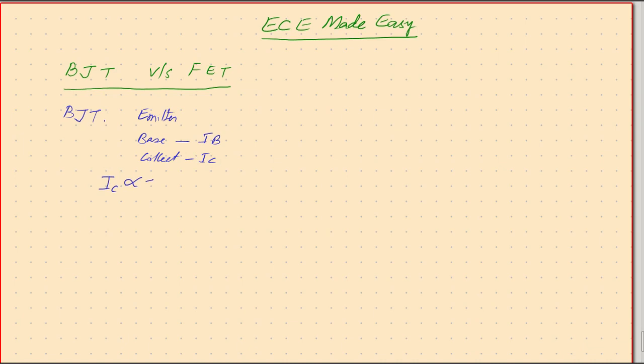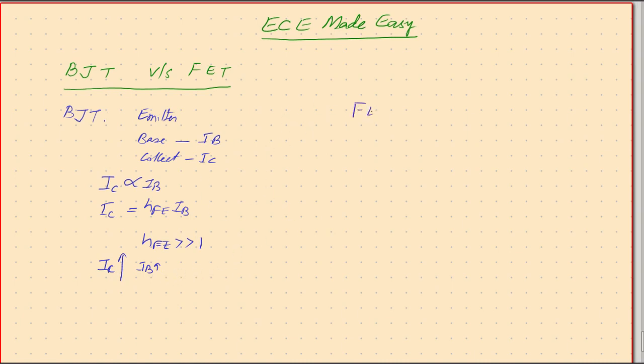So IC is proportional to IB, and IC is given by hFE times IB, and hFE is very much greater than 1. Therefore, IC will be very much larger than IB. A small IB will produce a large IC.